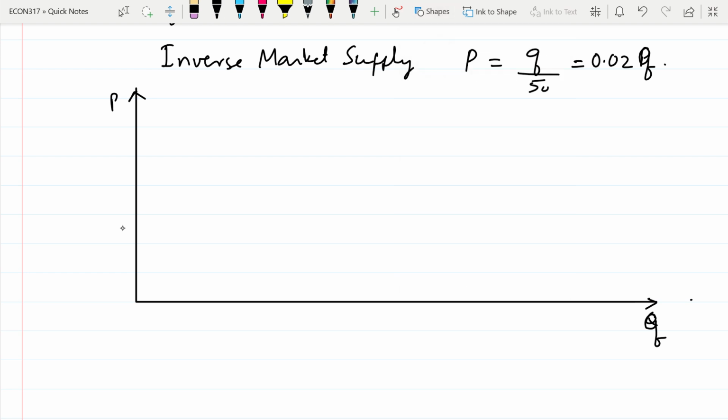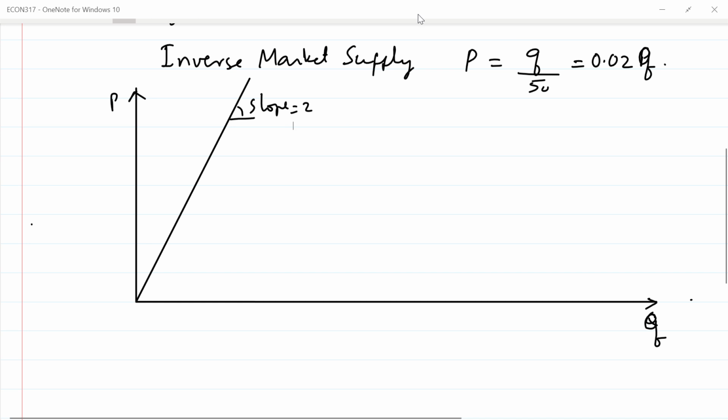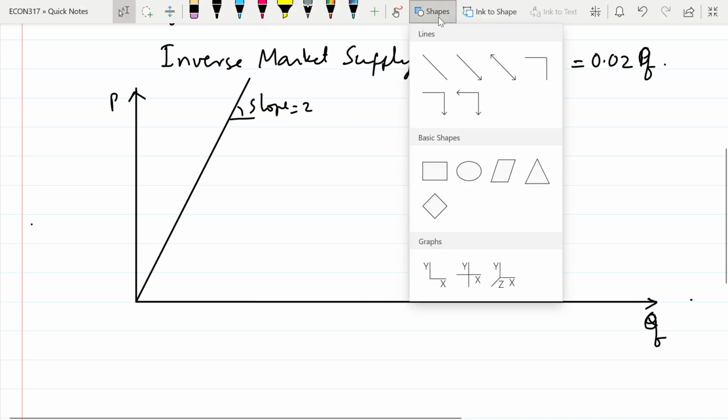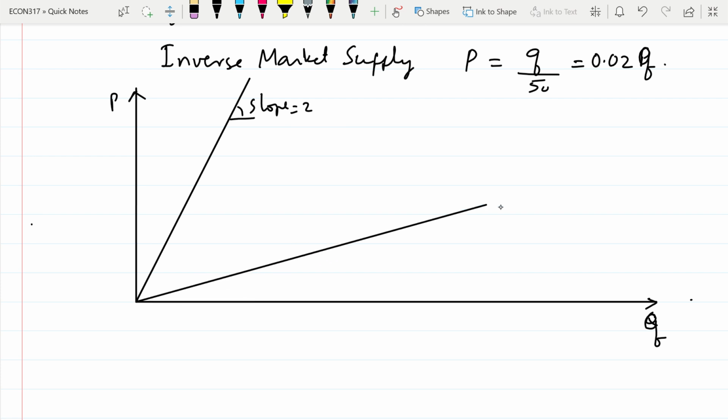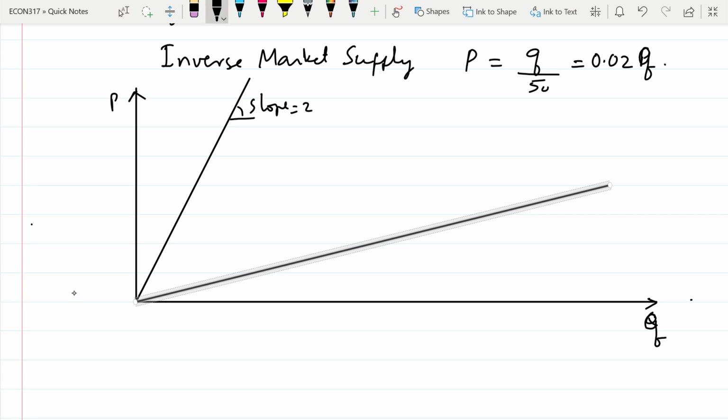We know the slope is 2, so that's the individual firm. Slope is equal to 2, and next I will draw the industry supply or the market supply, and there we know the slope is 0.02.